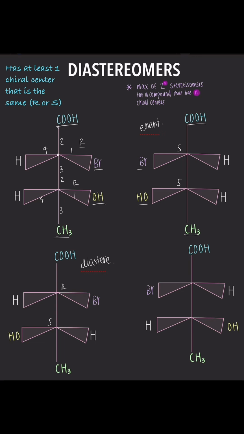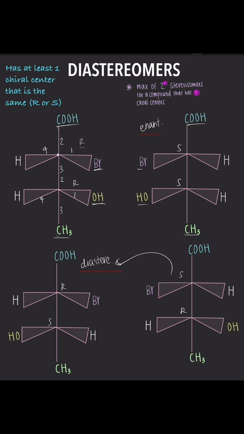Okay, now what about here? This Br is on the left. This Br was here on the right. So this R is now going to be S. Again, your OH is now on the right. Your OH here is on your right. So again, this is going to be R. This is another diastereomer because again, one of them stayed the same.